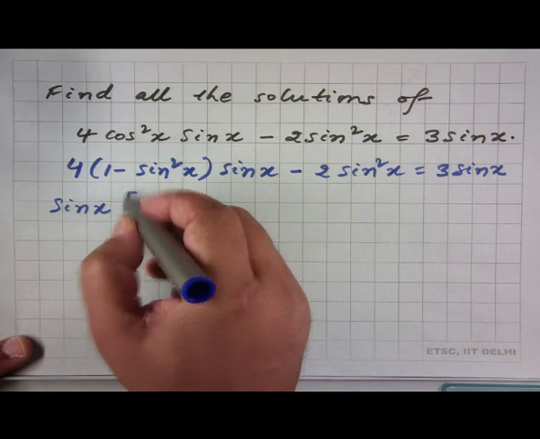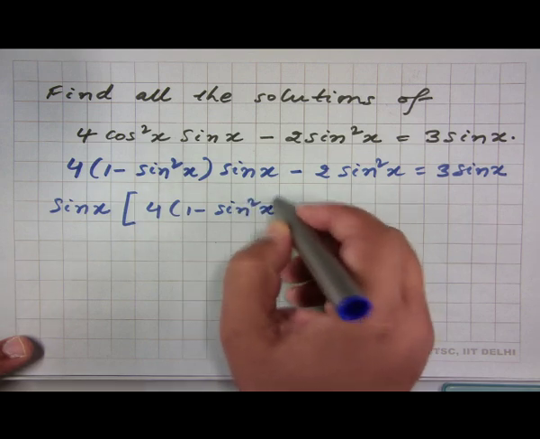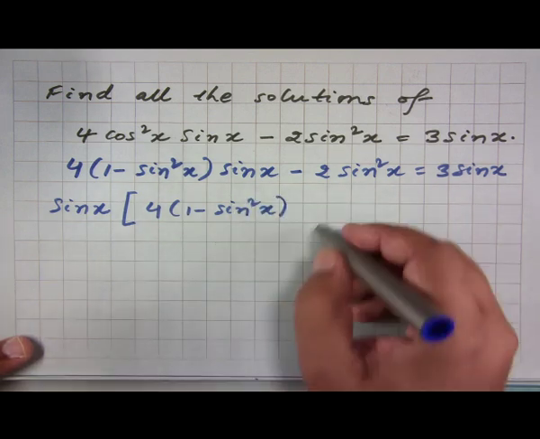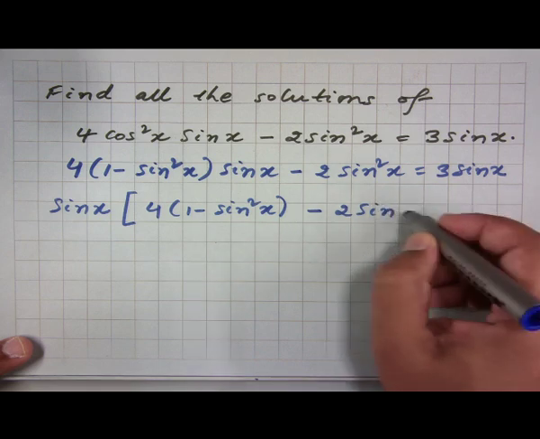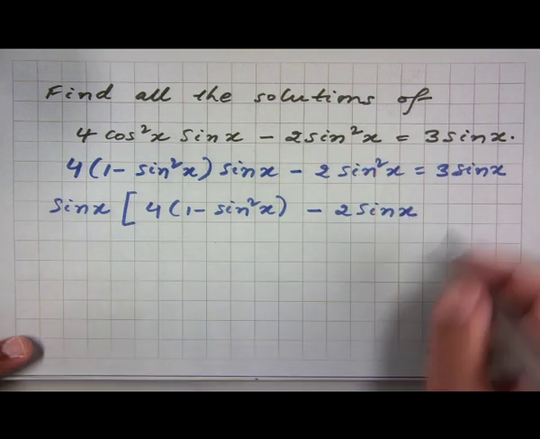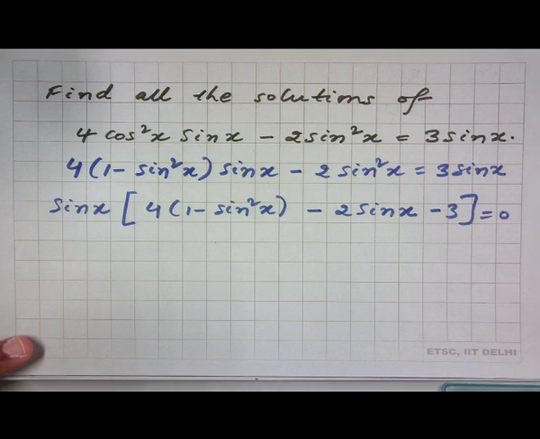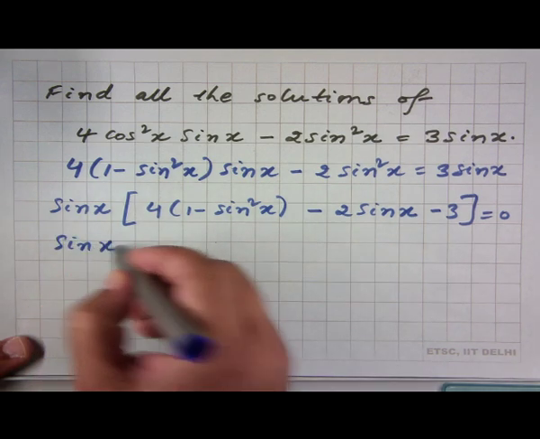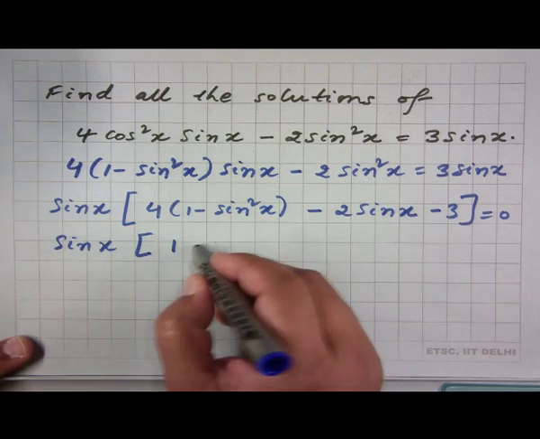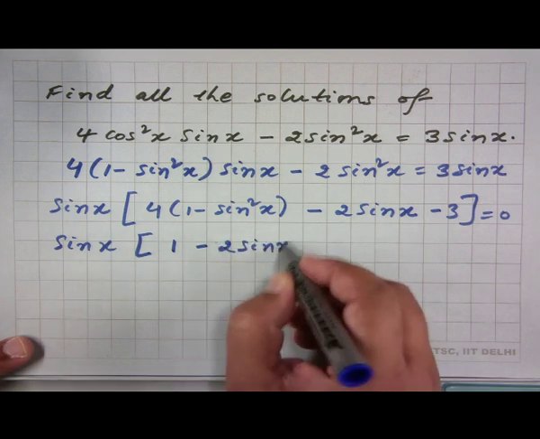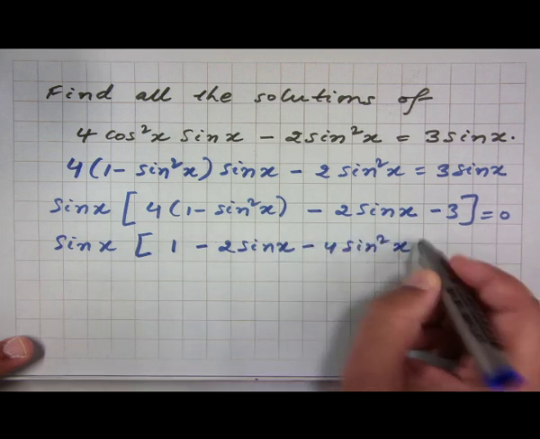sin x times 4 into 1 minus sin square x minus 2 sin x for this term minus 3 equals 0, which is same as writing sin x into 1 minus 2 sin x minus 4 sin square x equals 0.